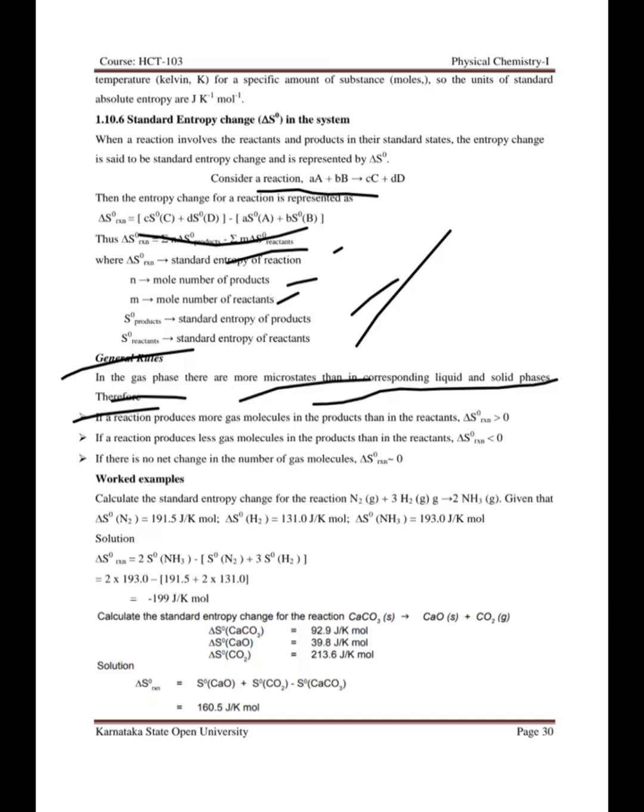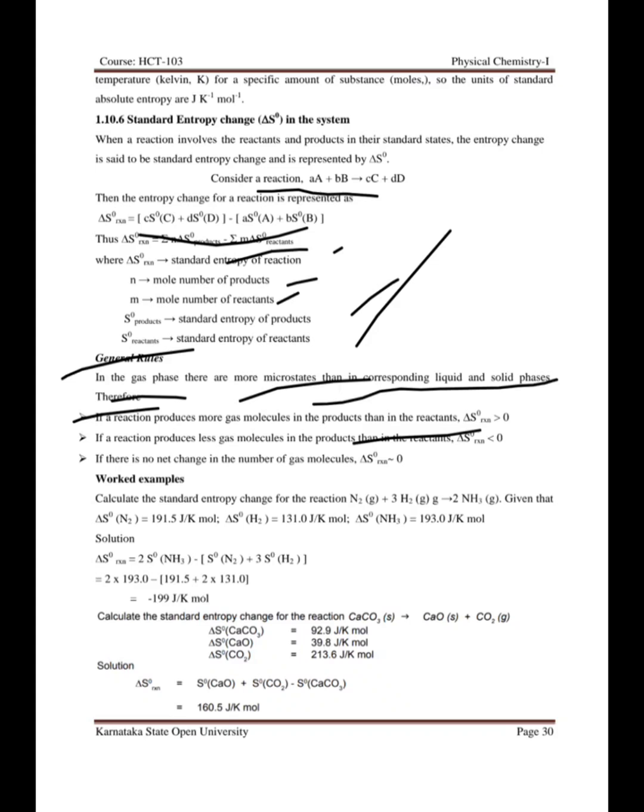If the reaction produces more gas molecules in the products than in the reactants, it can be denoted as delta S naught reaction greater than 0.